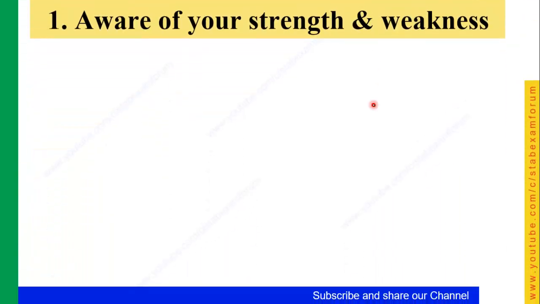As I always tell my students, be aware of your strengths and weaknesses. Everybody has their strengths, everybody has their weaknesses. Some students might be good in quantitative aptitude while others might be very good in general awareness.